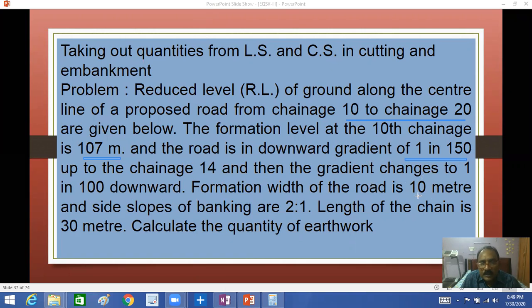Formation width is 10 meters and slope is 2:1. The length of the chain is generally 30 meters, sometimes 20 meters. Calculate the quantity of earthwork. This is the problem.